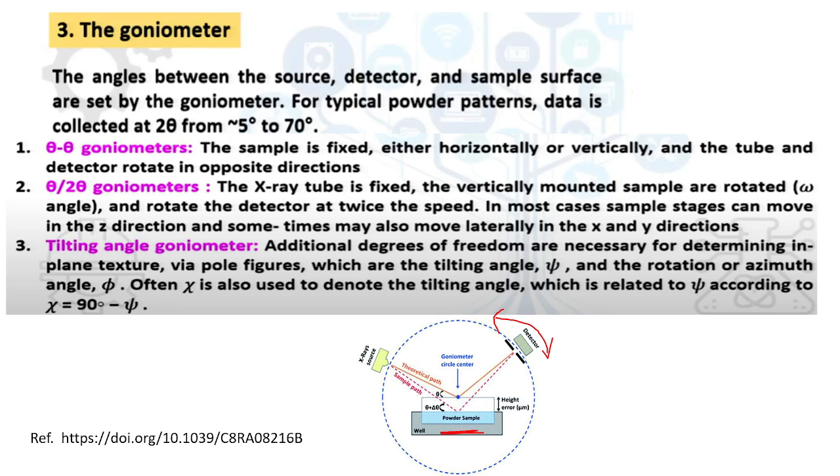In that case, both the sample holder and the detector and the X-ray tube can rotate, and we say it is a theta to 2 theta goniometer.